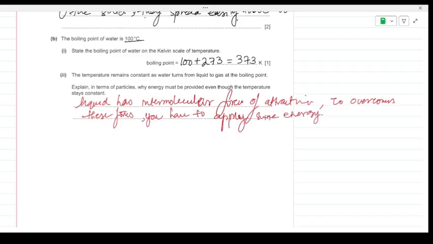That's why we have to apply energy to overcome the intermolecular forces of attraction, and when we apply this energy, the state changes from liquid to gas.